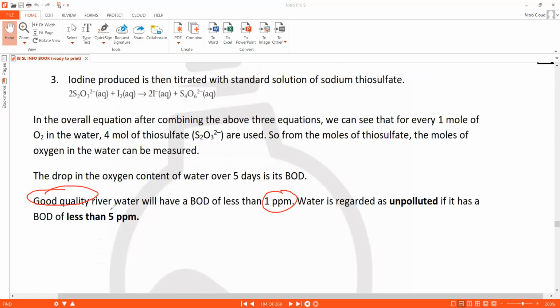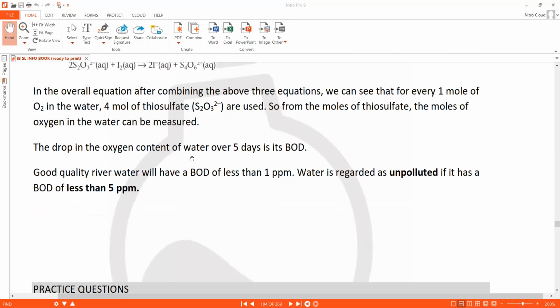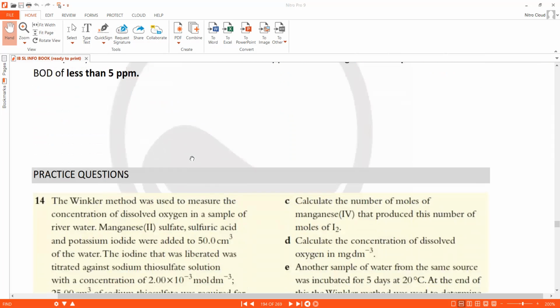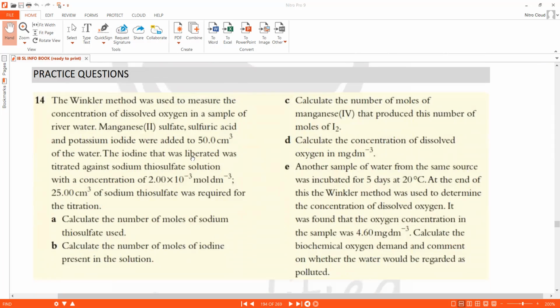Up to 5 ppm is accepted, so up to 5 ppm you can say that it's unpolluted. 1 ppm is excellent, but up to 5 ppm is also accepted. Above 5 ppm it will be polluted. If the consumption over 5 days is more than 5 ppm, then it is not a good quality water body.